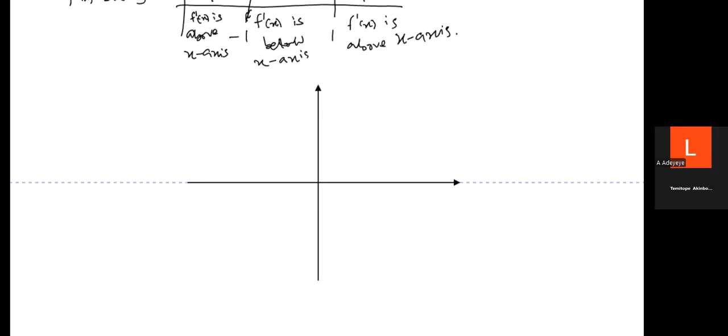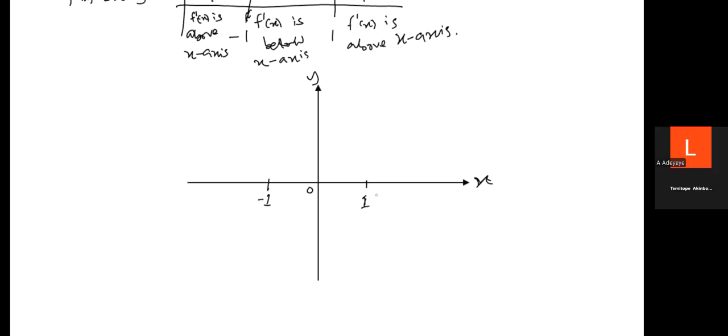So you have x-axis, y-axis, origin. So let's assume -1 is here, and let's assume 1 is here. Now, if I'm putting this up in a graphing utility, I'm going to count the correct interval. Now, these are critical points.